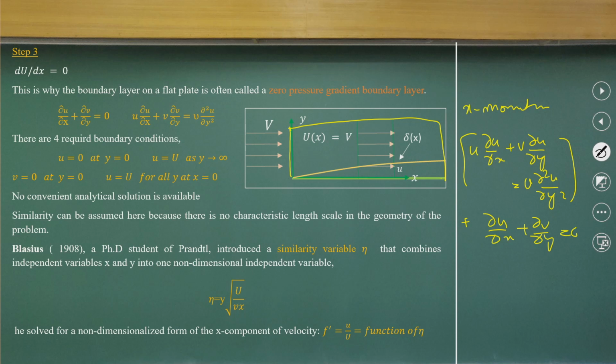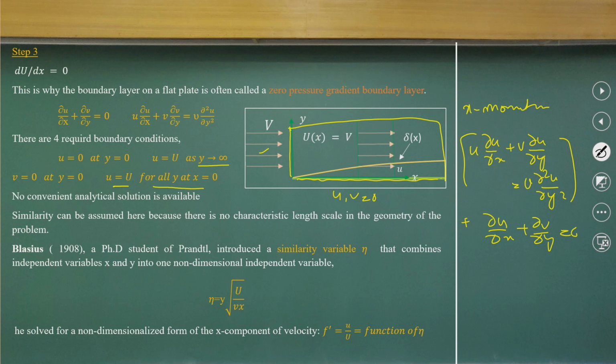To solve this we have boundary conditions. Along the plate we have u and v equal to 0, and when y tends to infinity, v equal to 0 and u equal to V, with the regions there being irrotational.